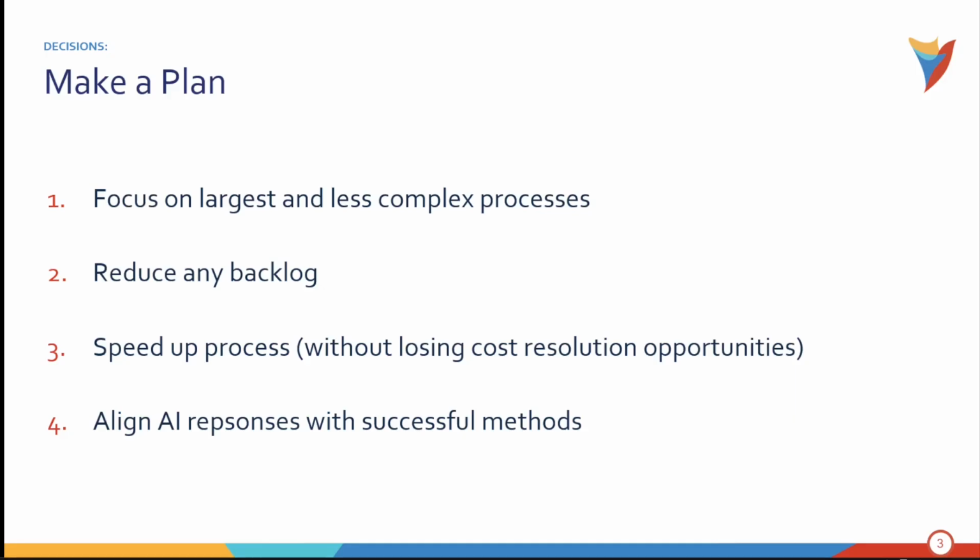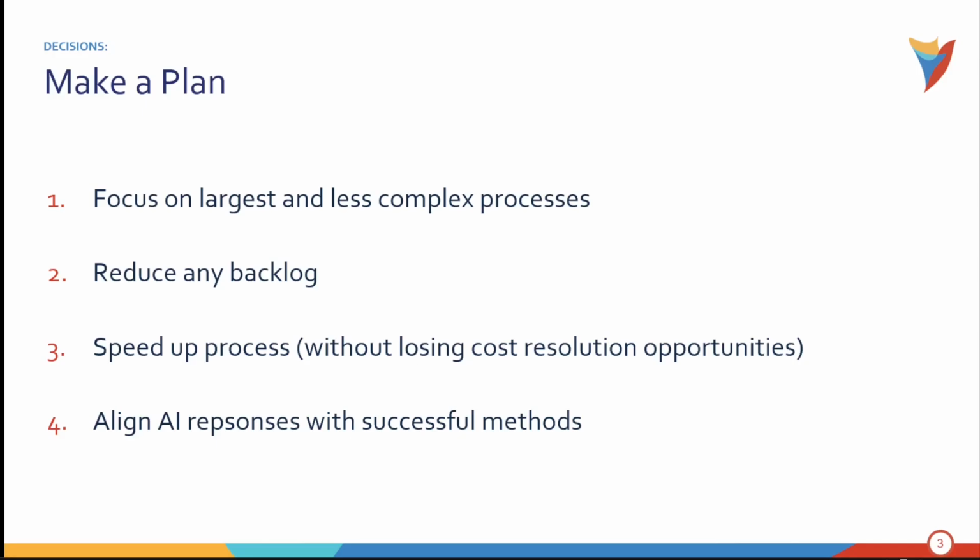So then the goal is to make a plan from this. Obviously, this plan is going to be different every single time. This is by no means a tried and true method, but think about where the largest, less complex processes or situations are that you can work with at first to learn more and make sure you're easing into it properly. If you have a lot of backlog, the goal would be to reduce that.